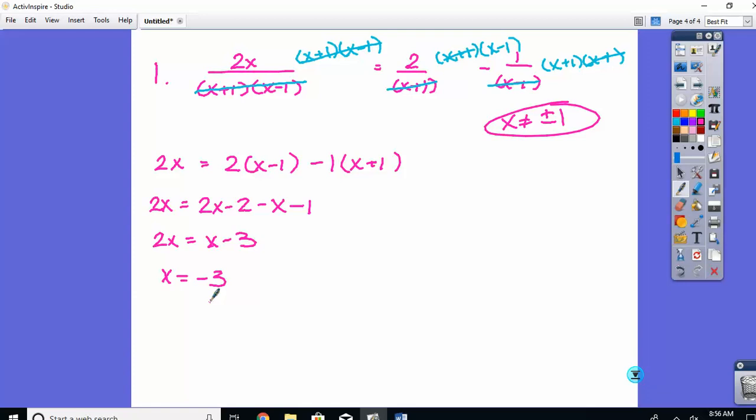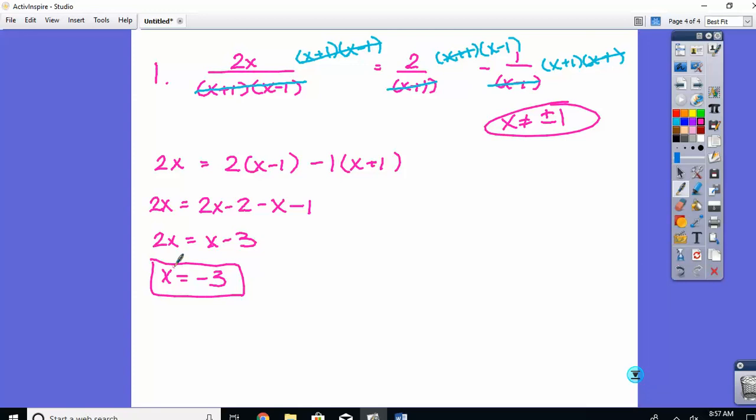Is that an okay answer? Yes, the only thing we couldn't have is positive or negative 1, so negative 3 works, and that is my answer to this. So with the equations, our goal was to get rid of the fractions. So we had to figure out what to multiply by to cancel all of my denominators. All right, any questions on this one?